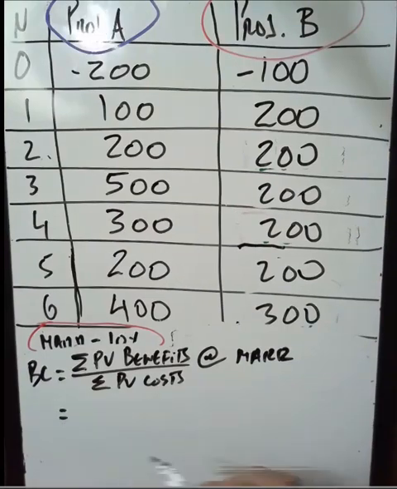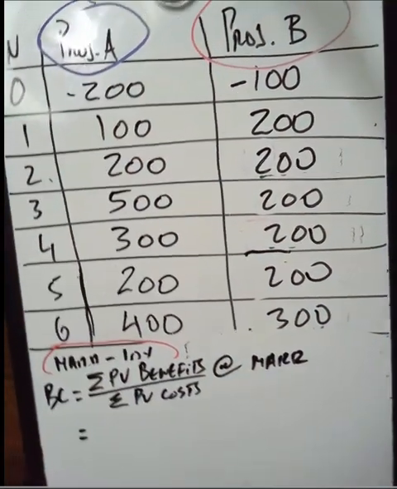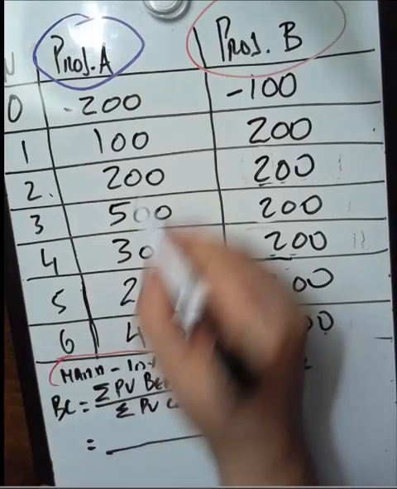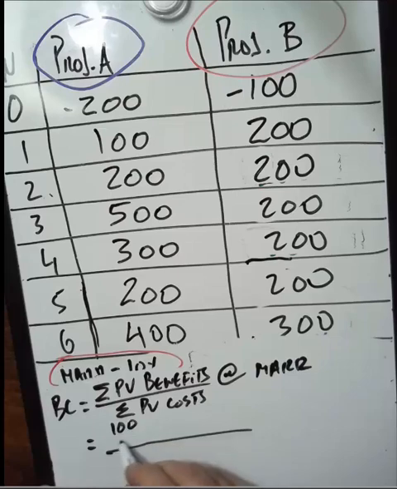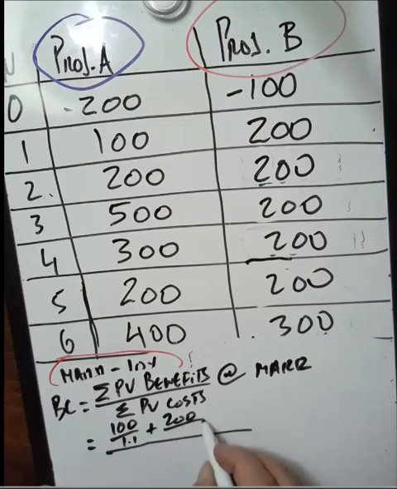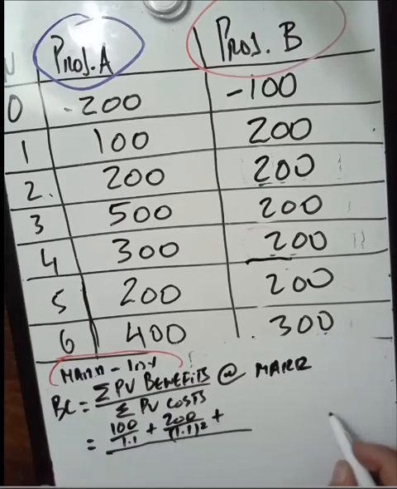So for project A, the benefits are the positive cash flows. So 100 discounted 1 year at 10%, 200 discounted 2 years at 10%. It's basically the net present value without the negative cash flows.